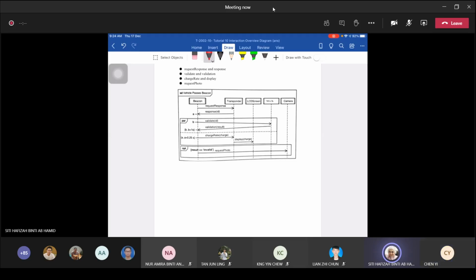Response, I understand. This response ID, they don't make it a reply message. This one is an asynchronous message. They make it an asynchronous message, so that's why they include it. Usually the one that we remove is the dotted line one. Oh, okay. Thank you, doctor.